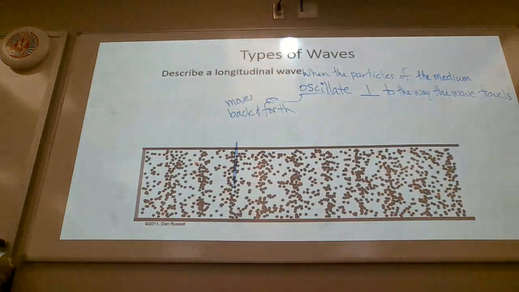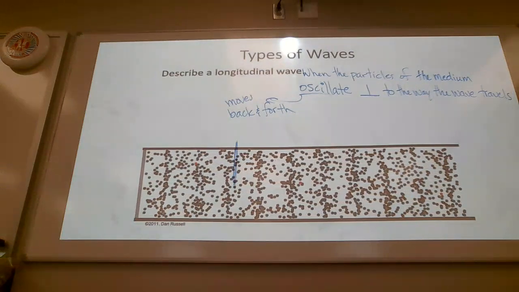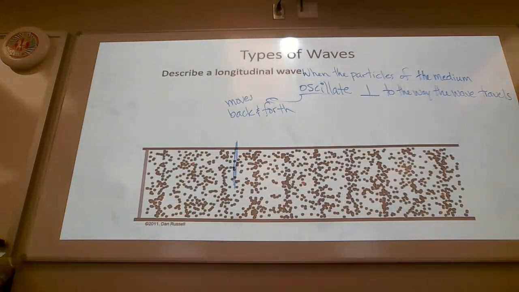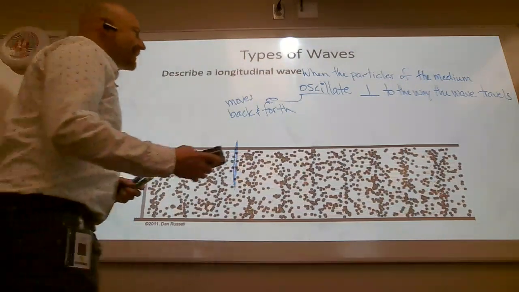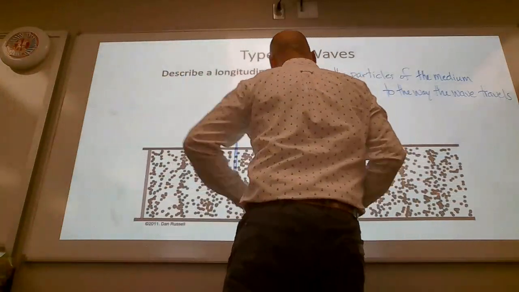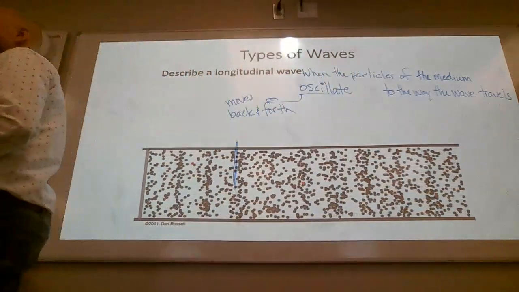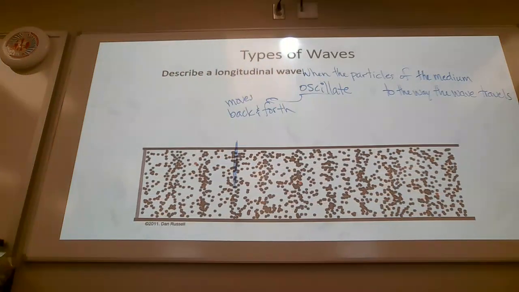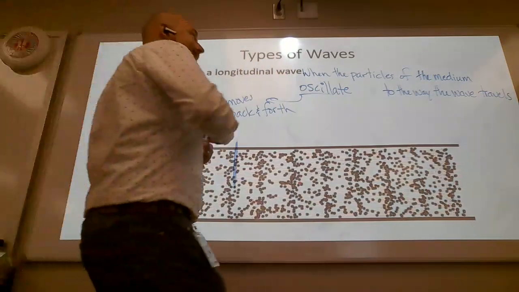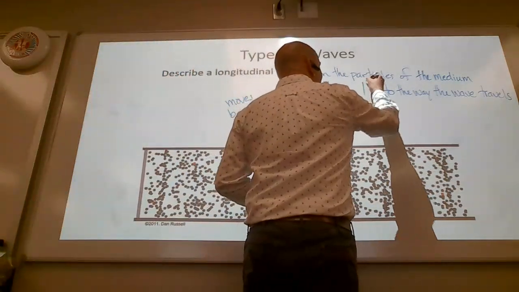The next type is a longitudinal wave. Instead of the particles oscillating perpendicular, they're going to oscillate parallel.